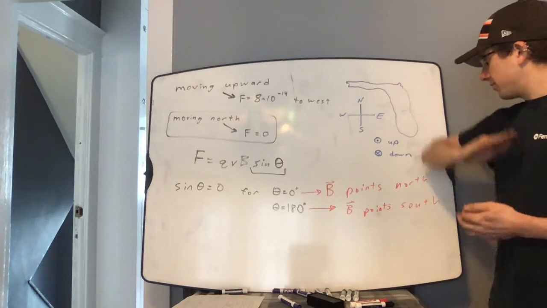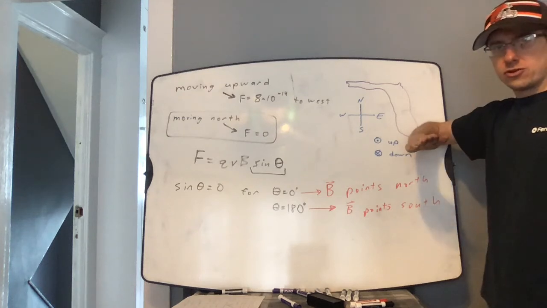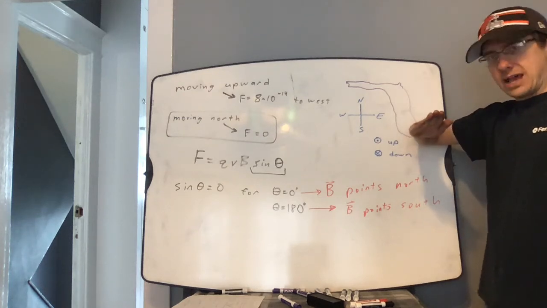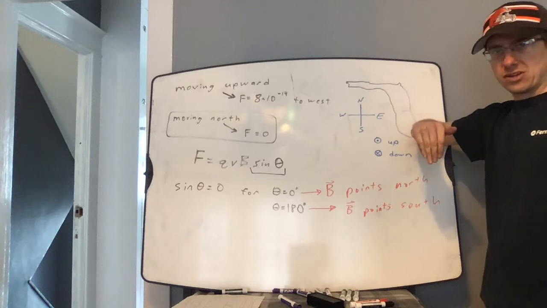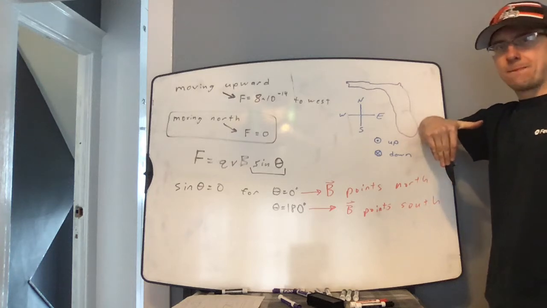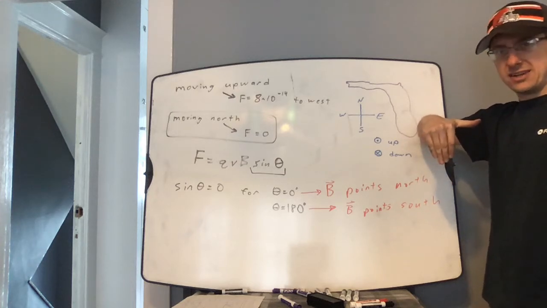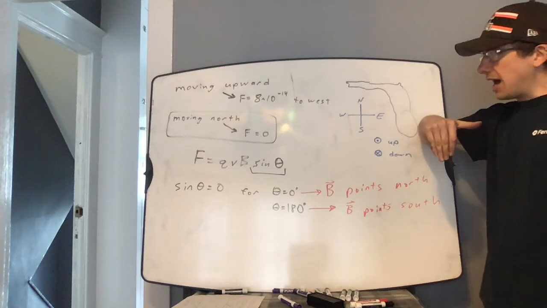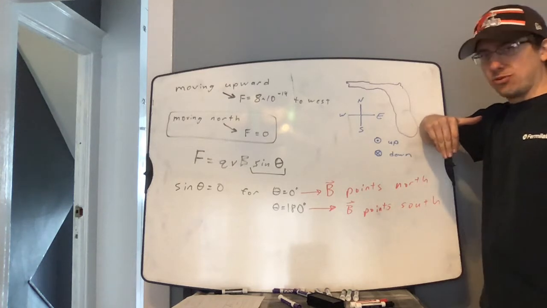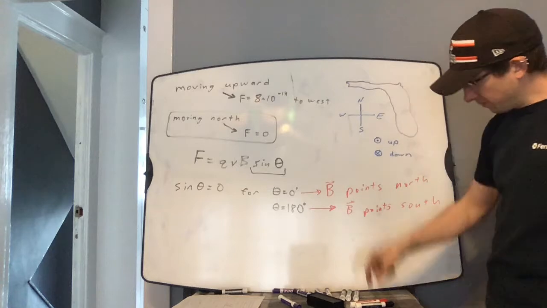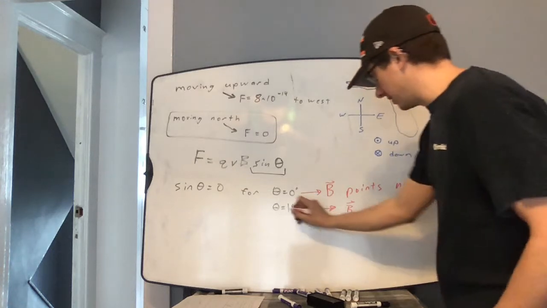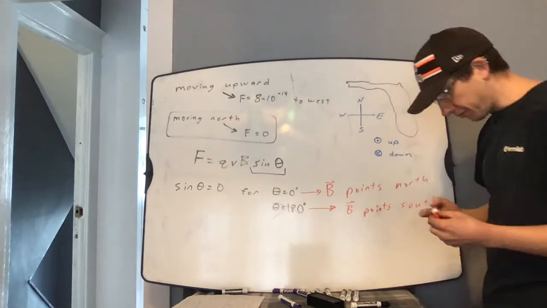So if the proton is moving vertically upward or out of the board, that would be my forearm. My 4 fingers, I'll try south first. My thumb is raised and it is pointing to the east. I do not want my thumb pointing to the east, so this possibility is going to be wrong.